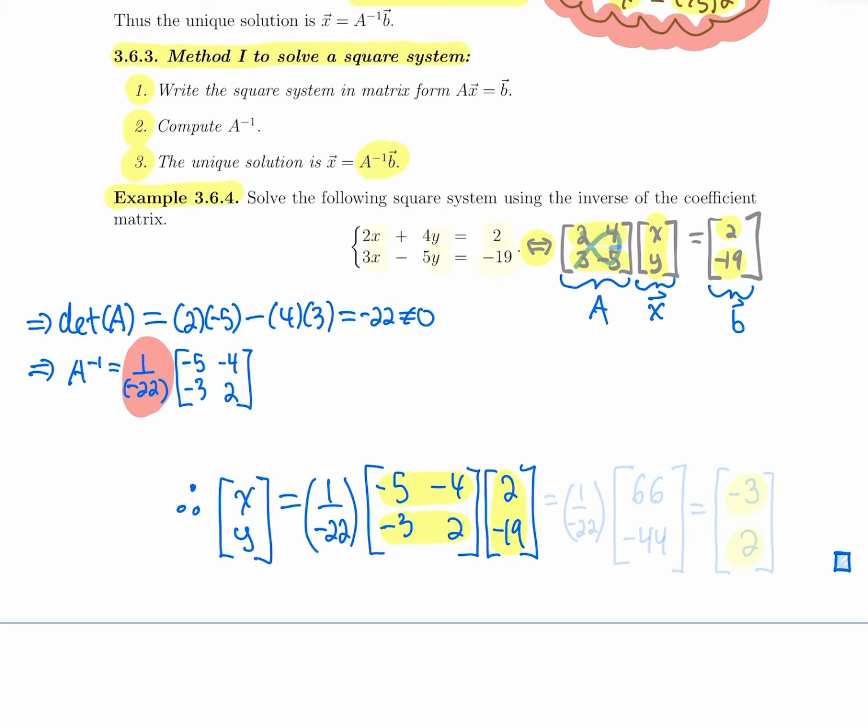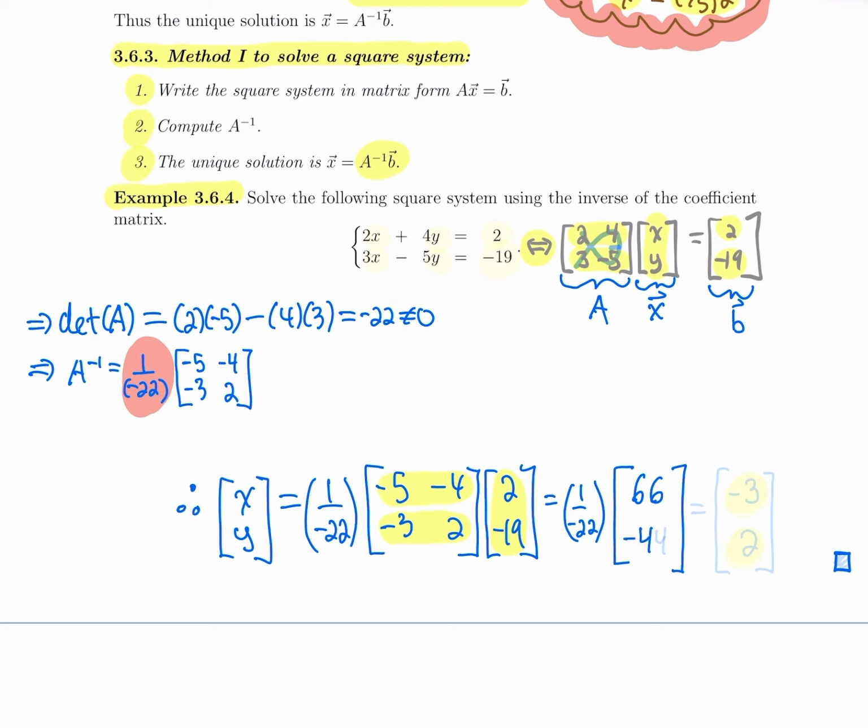So here we go. So if you do the math here, again, I'm keeping the 1 over minus 22 outside for now. And now if you do your computation, you're going to get minus 5 times 2 plus minus 4 times minus 19. This is going to give you 66. And then downstairs, you're going to get minus 3 times 2 plus 2 times minus 19.